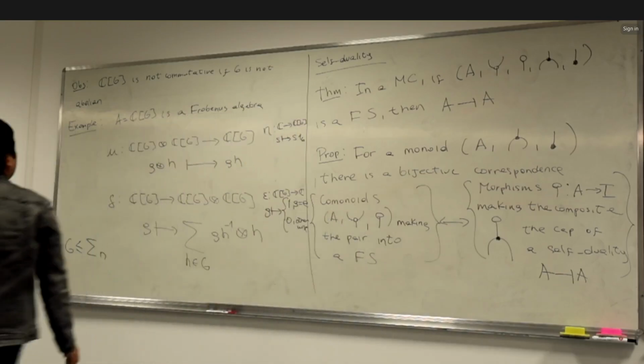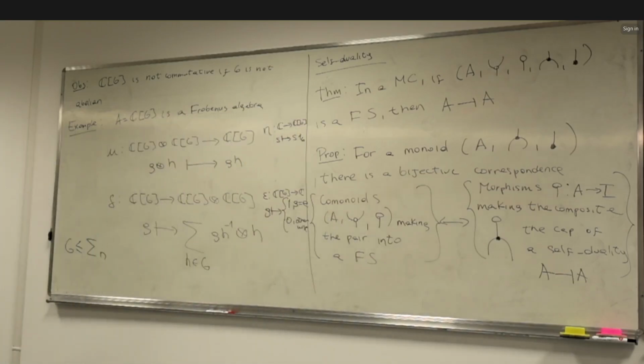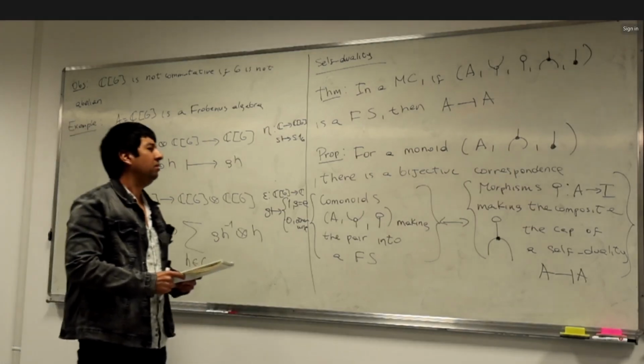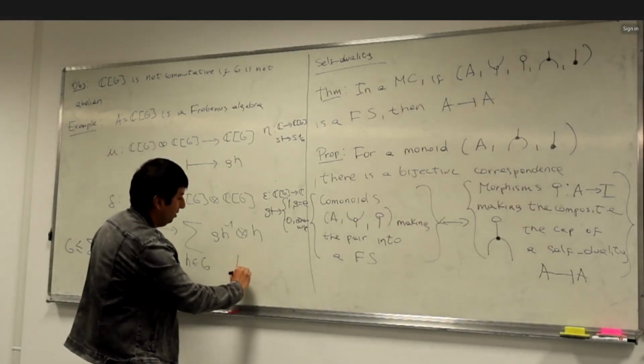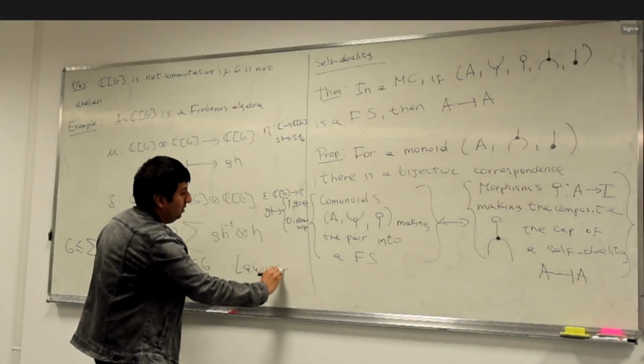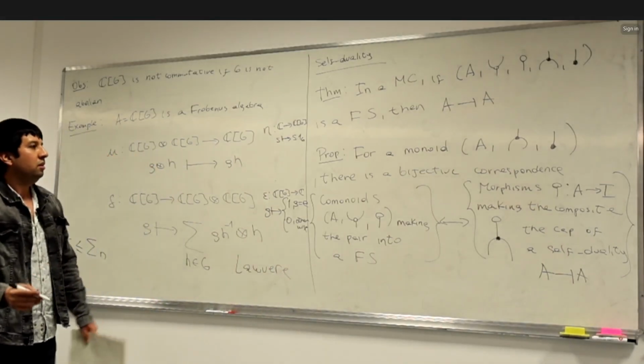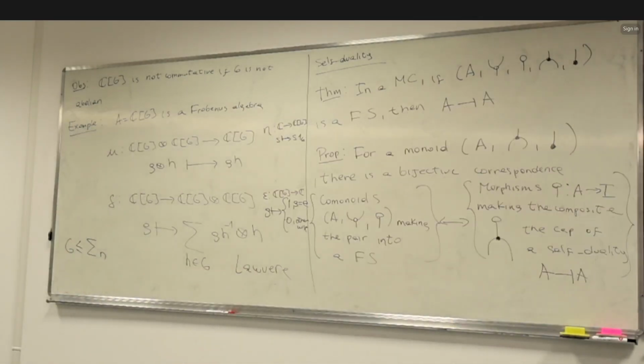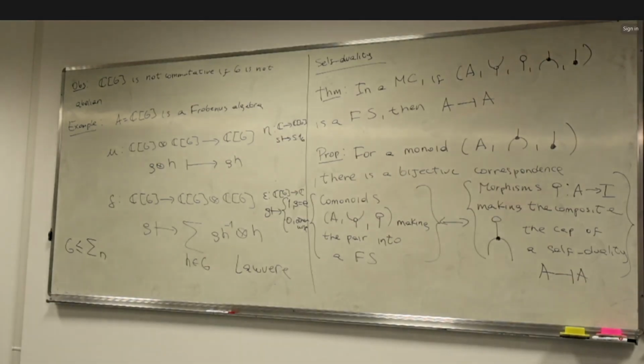Now, the definition I gave for Frobenius algebra is due to Lawvere. I don't know if I pronounce this right, but the kind of algebras Frobenius was interested in was essentially given by this definition.